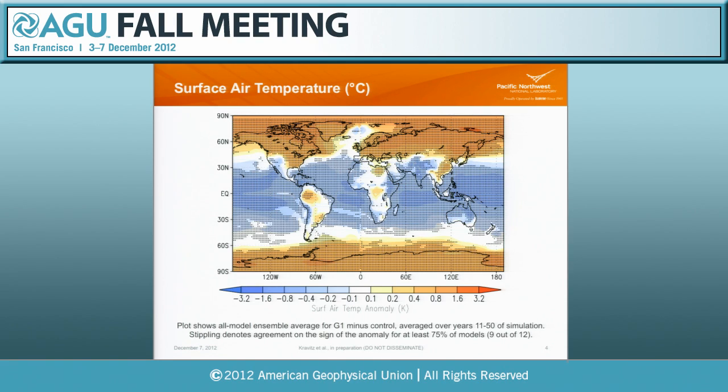Now, I do want to mention the stippling a little bit. The stippling convention is different from what's used in the IPCC reports. And the reason for that is basically because of our experiment design.